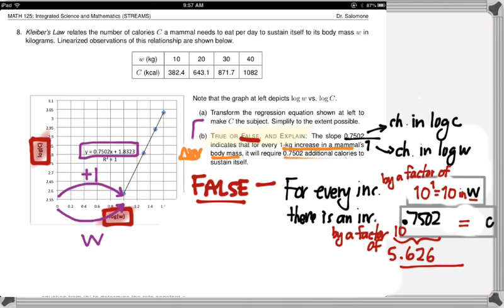Let's just quickly look back at the data that's in the table and verify what this would mean. Let's suppose I had an animal whose mass was 100 kilograms. About 220 pounds? That animal is 10 times more massive than this animal that weighs 10 kilograms. So how many calories are they going to require?